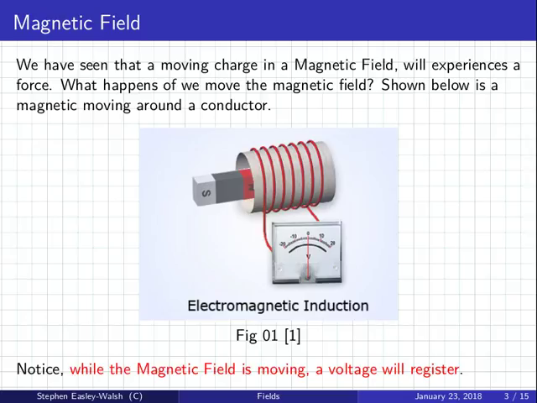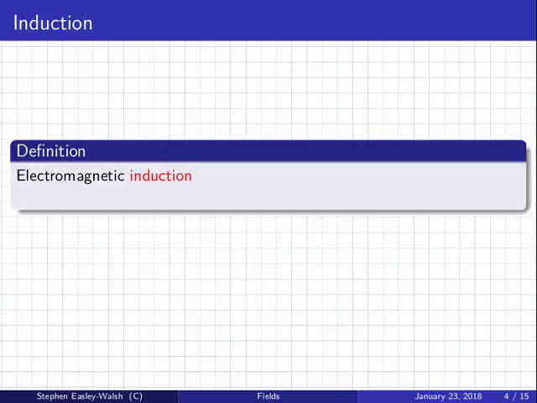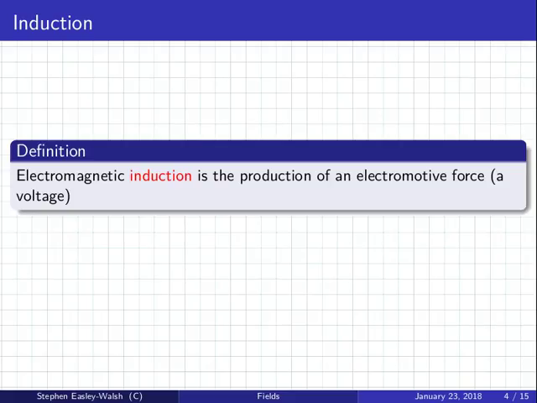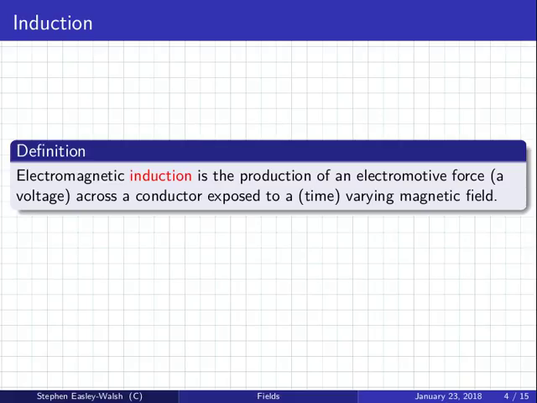Continue. So, the precise definition is: electromagnetic induction is the production of a voltage across the conductor when you use a time varying magnetic field. Okay, you need this definition. It's confusing? What part's confusing?